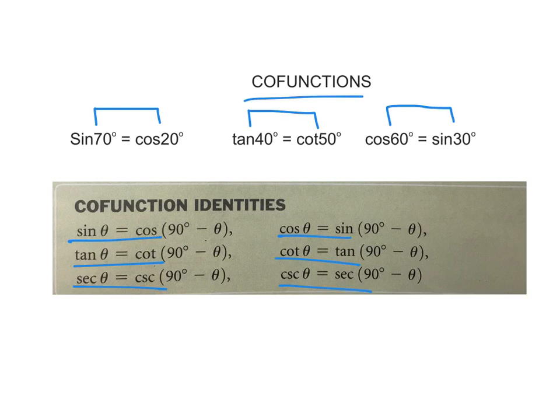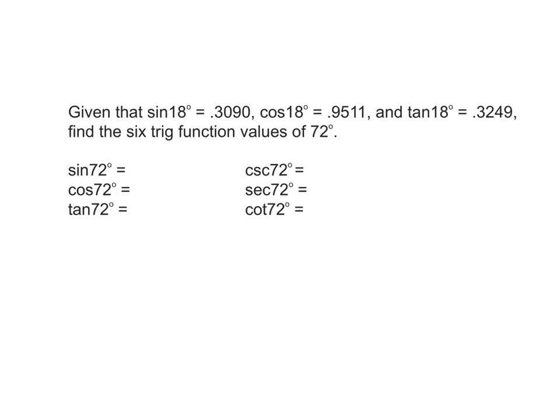If you were to punch in cosine of 25 degrees and also punch in sine of 65 degrees, you would get the exact same number because 25 and 65 add up to be 90. Let me show you what they're going to do with this today. They're going to say sine of 18 is 0.3090. Well, 18 plus 72 is 90, so cosine of 72 is 0.3090.